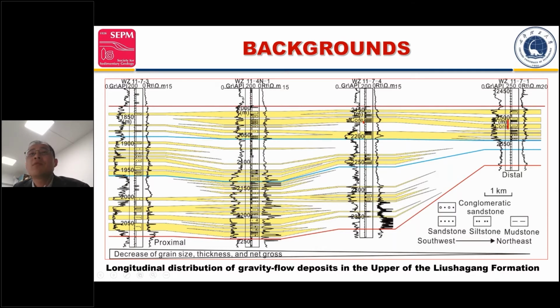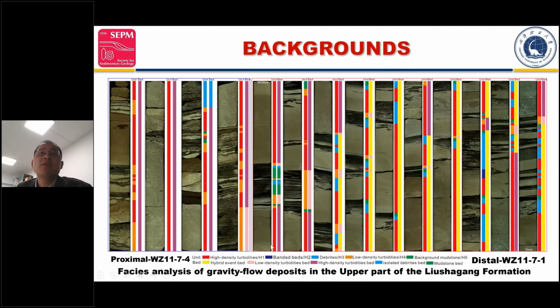Luckily we have two cores from wells WZ11-7-4 and WZ11-7-1, and those cores helped us to further analyze the sediment characteristics of those gravity flow deposits in this lacustrine basin. This is the polished core from those two wells.